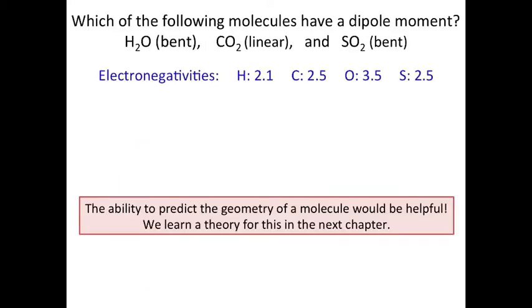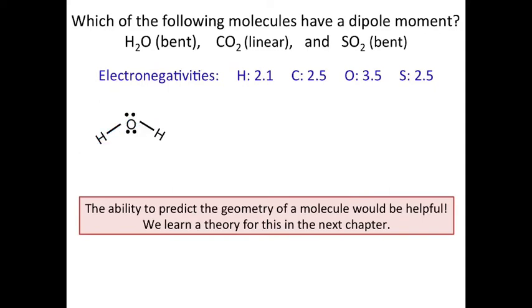Okay, so the question I can ask you about this at the moment is which of the following molecules has a dipole moment? And you don't know how to predict geometries yet. That's coming very soon. But until that point, I have to tell you the geometry. So I'll do the first one. H2O is bent. The first thing you should do is draw the structure. Might as well draw the Lewis structure, because usually I pair these questions together in some form. I drew it to represent a bent geometry, and what we mean by that is that this is not straight, right?